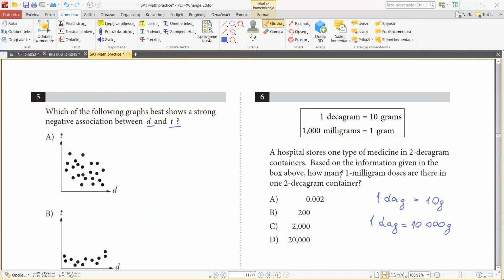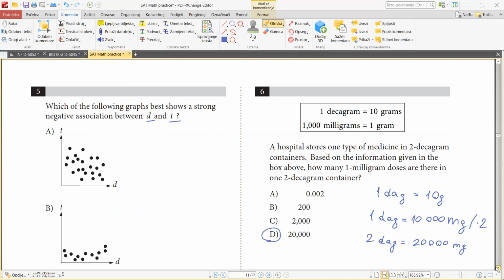How many 1 milligram doses? How many 1 milligram doses are there in one 2 decagram container? We can multiply this by 2, and we get 2 decagrams will be equal to 20,000 milligrams. So the answer should be 20,000.